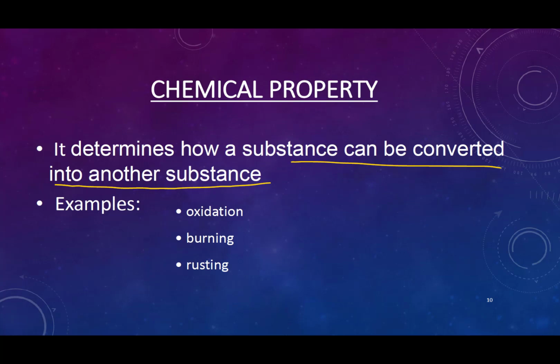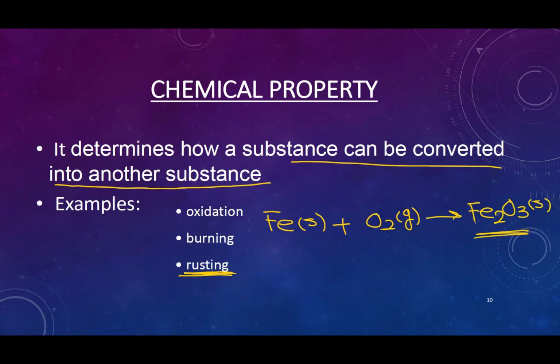What happened here is a process of rusting, which means your beautiful bike that's made of iron reacted with oxygen in the air and became iron(III) oxide. This is the rust. I'm going to add these coefficients just to balance it out.